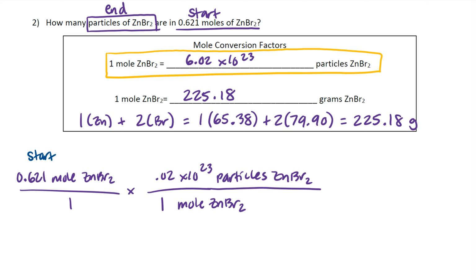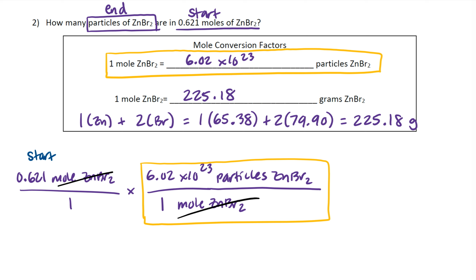And so again, I'm going to take that same color, yellow in my case, and put a box around that entire conversion factor so I know where I got that from. The moles of zinc bromide, some in the top and some in the bottom, all cancel out. And the unit that is left is particles of zinc bromide. And I go back and look at my original question. There's my end. Yes, I wanted to solve for particles of zinc bromide. So now I know that we're done. Now it becomes a calculation.